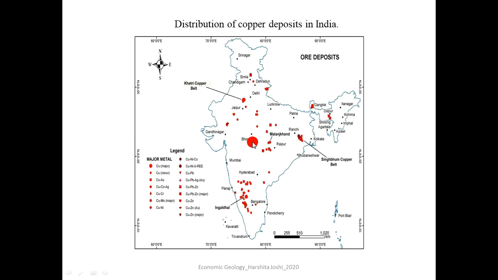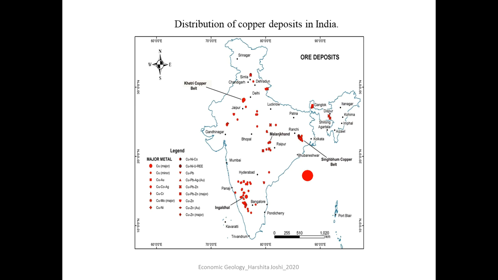So I have introduced you to metallogenic epochs, metallogenic provinces, what metals are, what non-metals are, what are the metallic and non-metallic minerals, and how they occur within the Indian subcontinent.